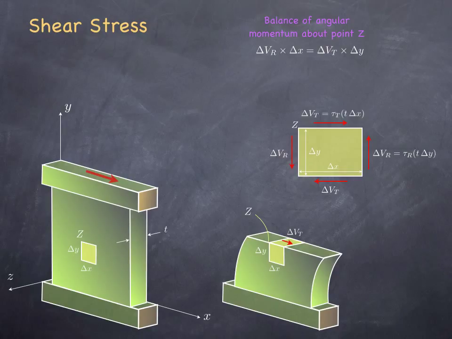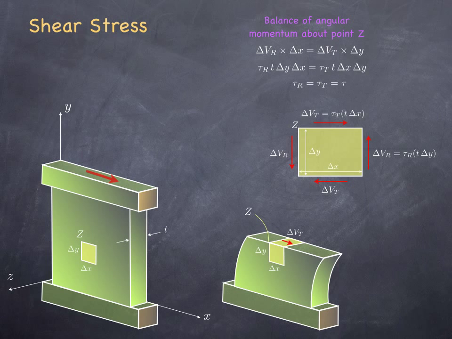And I can rearrange that equation to read delta Vr times delta x must be equal to delta Vt times delta y. And I can substitute in the values of delta Vr and delta Vt from the expressions that I showed in the free body diagram. And so this tells me that tau r must be equal to tau t, that I can collectively call tau.